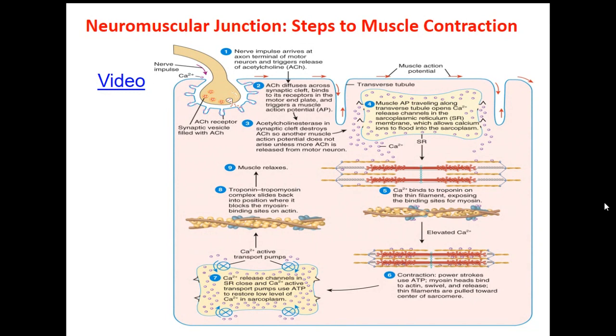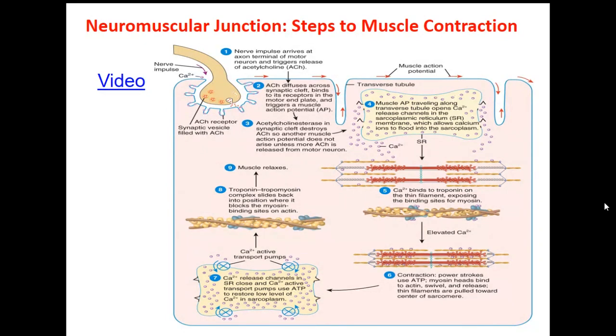So once these myosin heads or cross bridges attach to the thin filaments, then these cross bridges bend like this, and they pull the thin filaments toward each other. Each one of these myosin heads will reach up, hook on, pull, and then they'll release, and other ones will be hooking on and pulling.